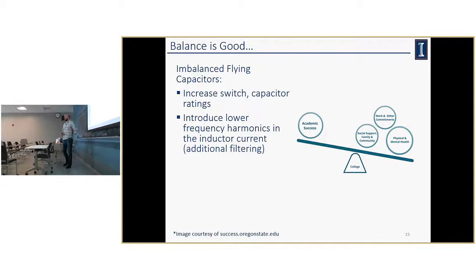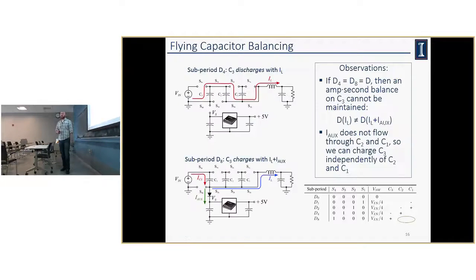So we want to maintain this balance, and we want to do it actively. To do this, let's look at the 2 periods that are affected the most. Looking at C3 during subperiod D4, C3 is discharging with IL. But during D8, C3 charges with IL and IOX.